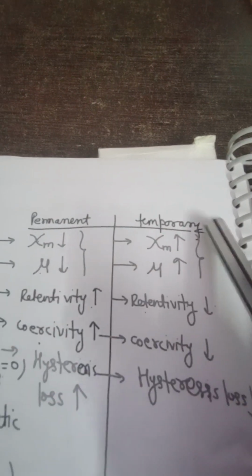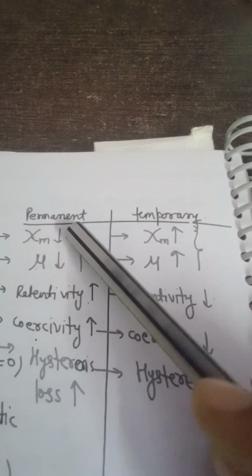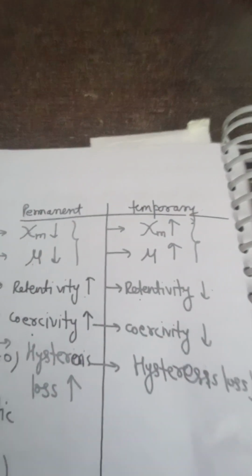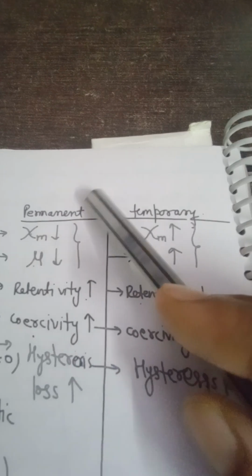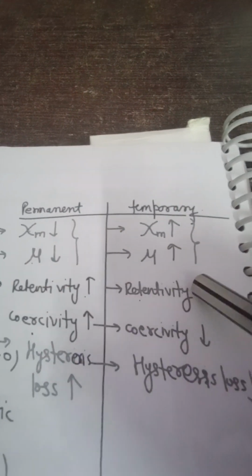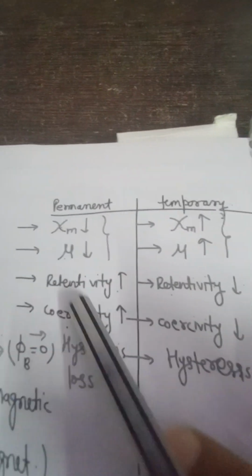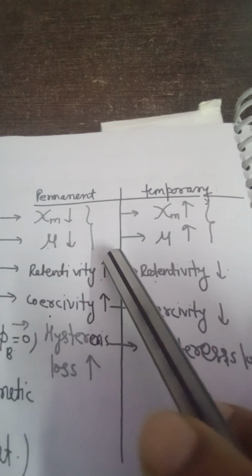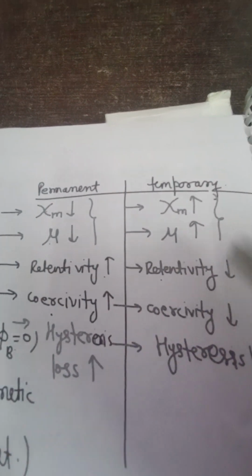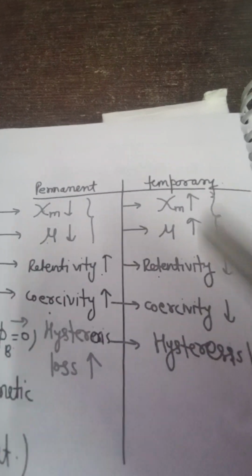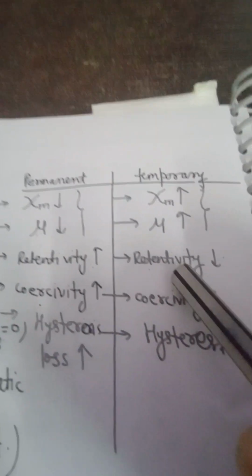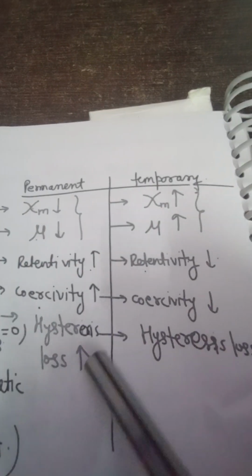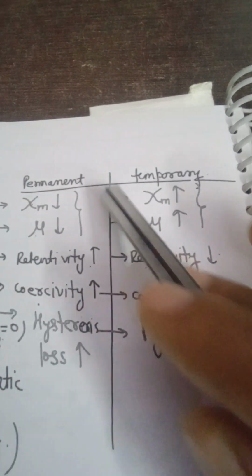So for permanent magnets chi_m is decreasing, for temporary chi_m is increasing. For mu, permanent is decreasing and temporary is increasing. Retentivity increases for permanent but decreases for temporary, coercivity increases for permanent and decreases for temporary, and hysteresis loss increases for permanent and decreases for temporary.